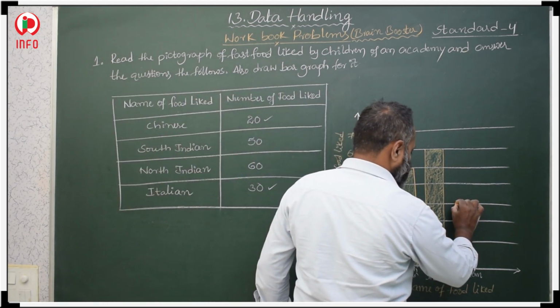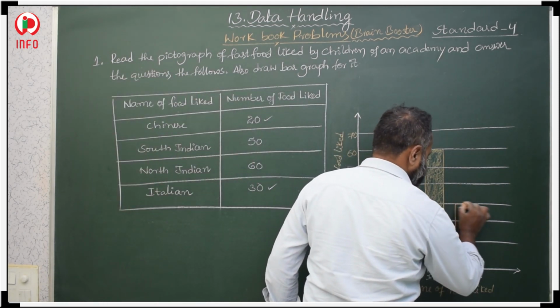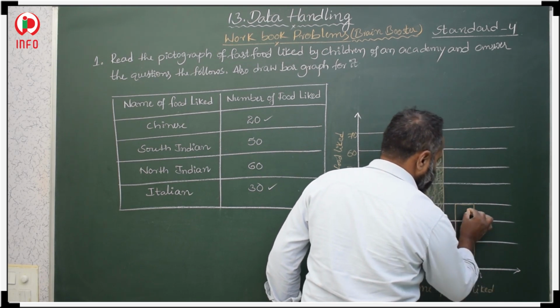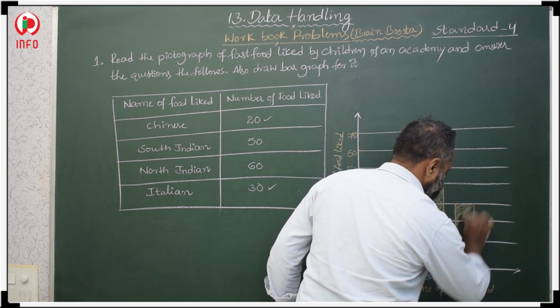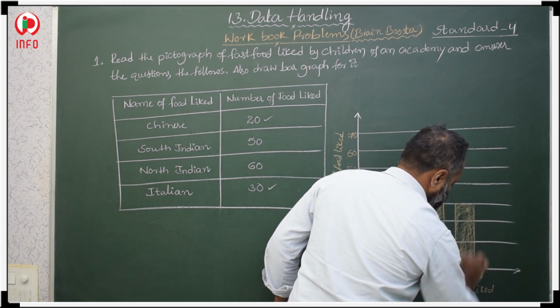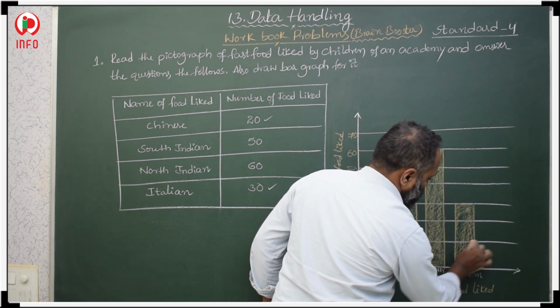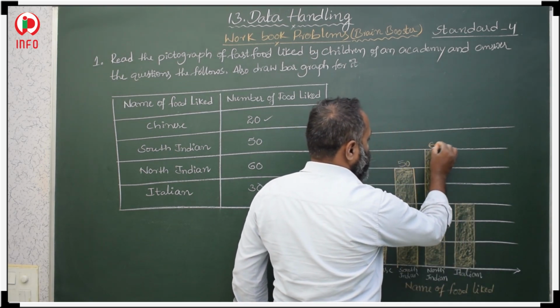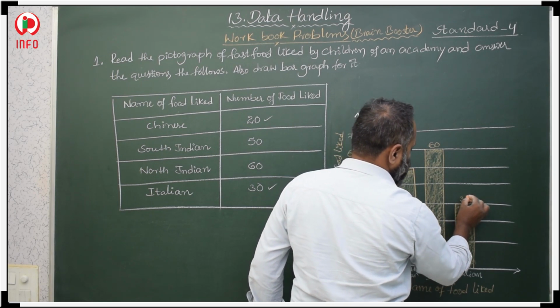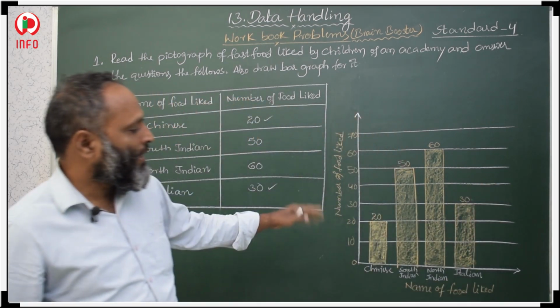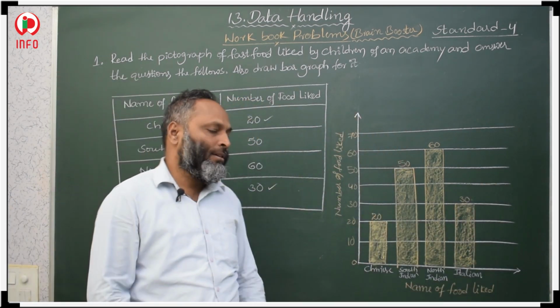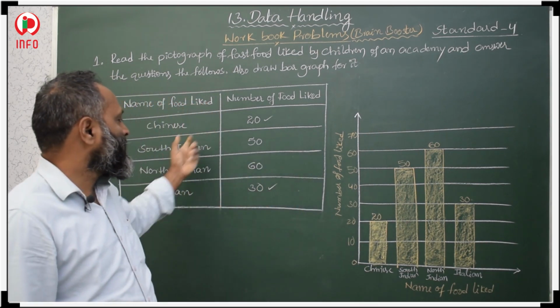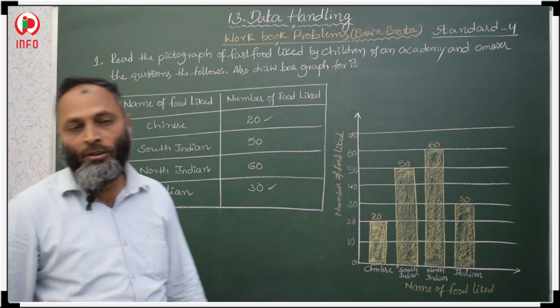Where is 30? Here we have 30. Italian 30, they like Italian food. So this is Italian. Here 60, here 30. So this is our bar graph, with respect to our given table.